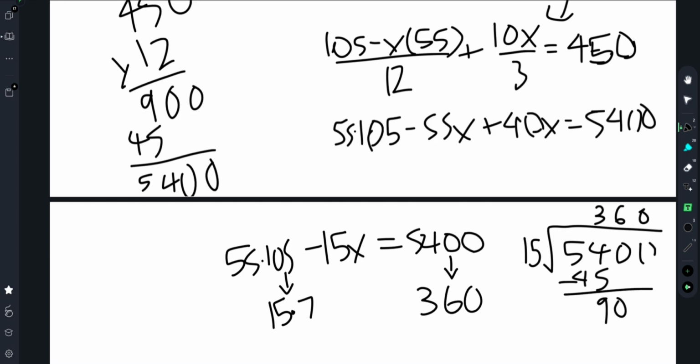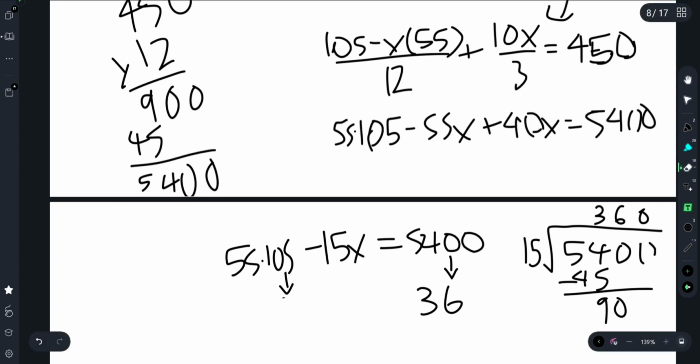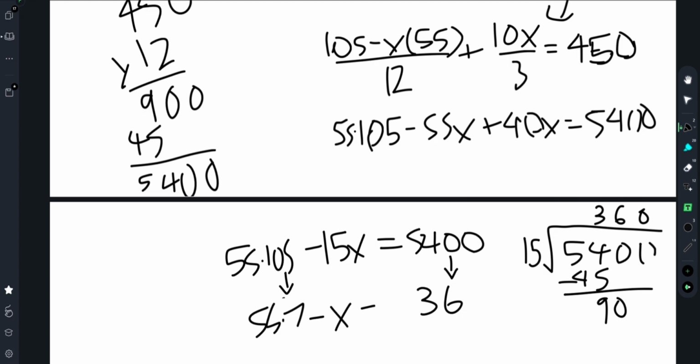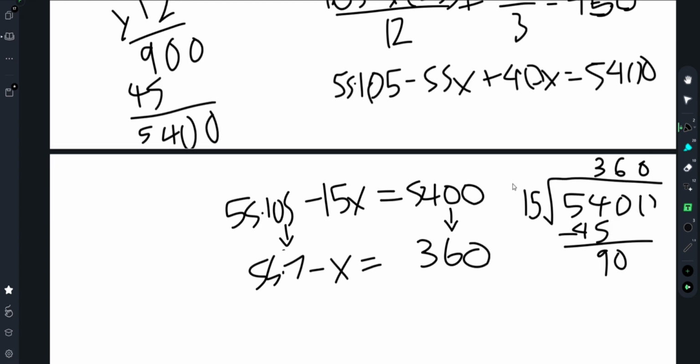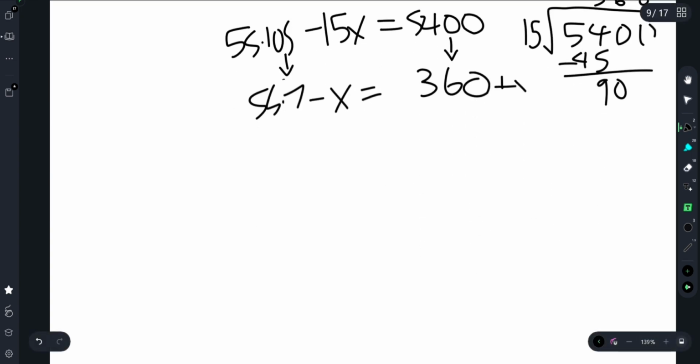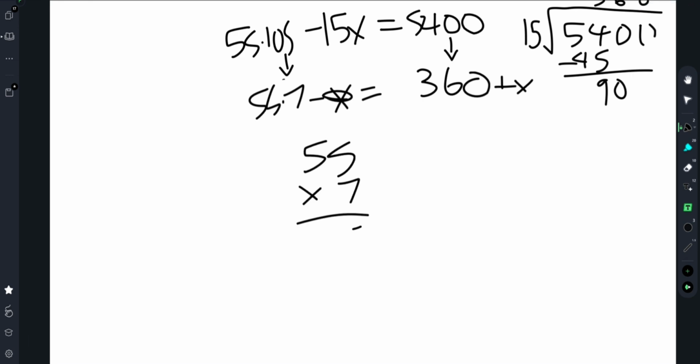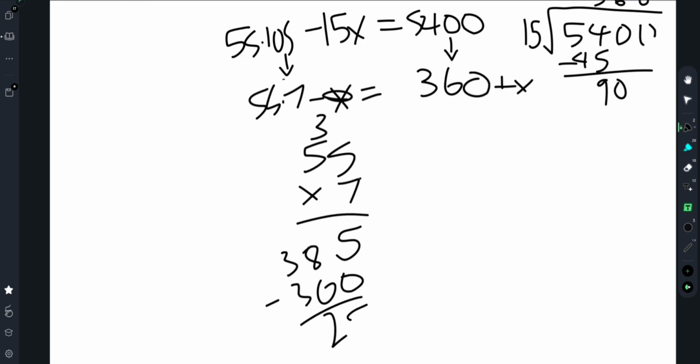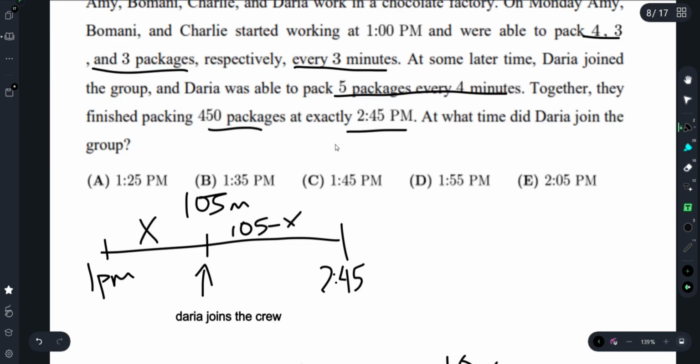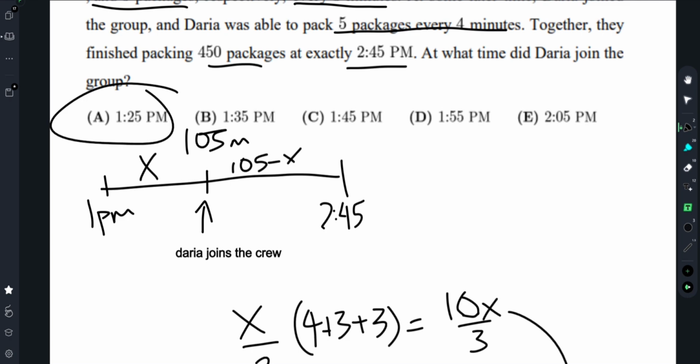So dividing by 15 on both sides, we get 55 times 7 minus X is equal to 360. Adding X on both sides and subtracting, 55 times 7 is 385. 385 minus 360 is 25. So X is 25. So after 25 minutes pass, Dario joins the group.